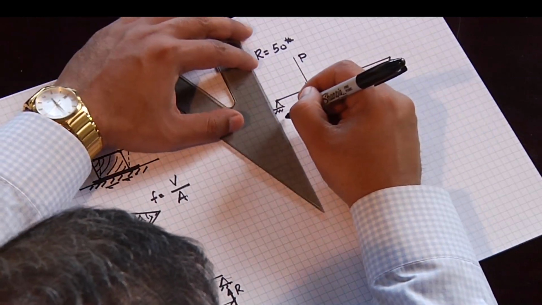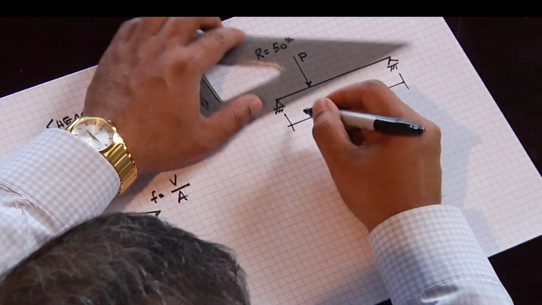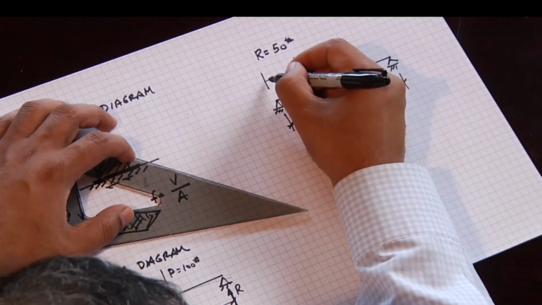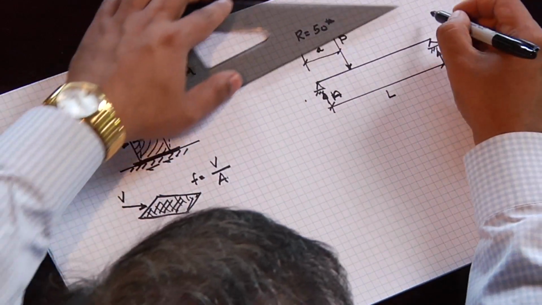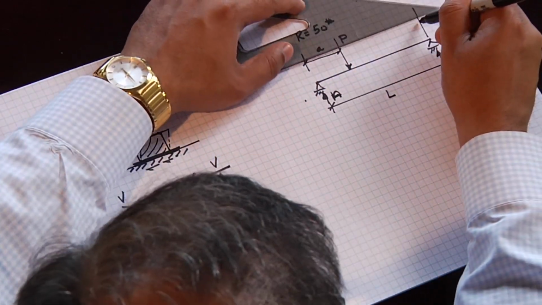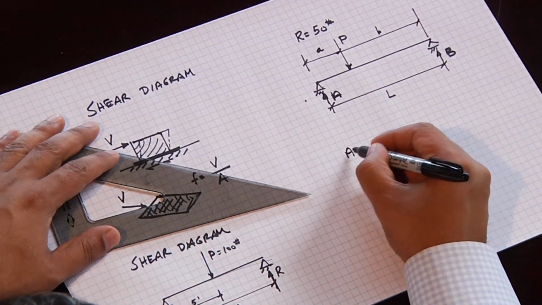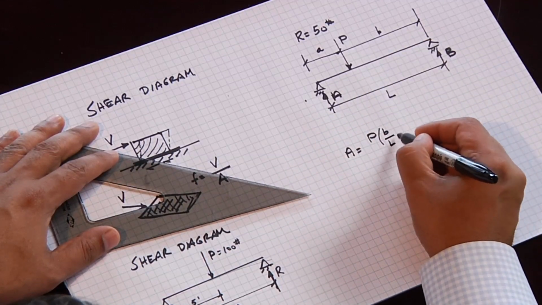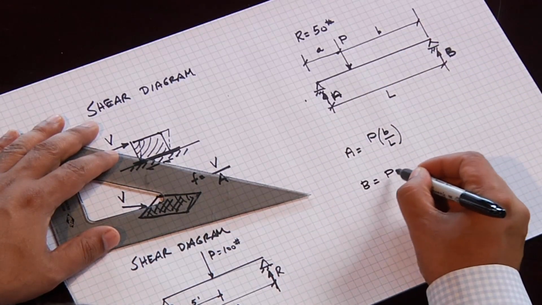Here's my load, and right now I'll take the example that I have a general span of L. The distance to the left span, we'll call this reaction A, and we'll call this B. This distance is A, and this distance is B. The equation for the left reaction is the load times the distance ratio between the span and the distance to the right reaction, and vice versa.